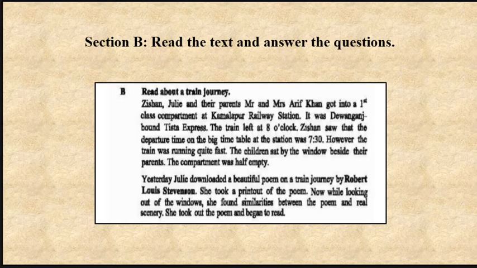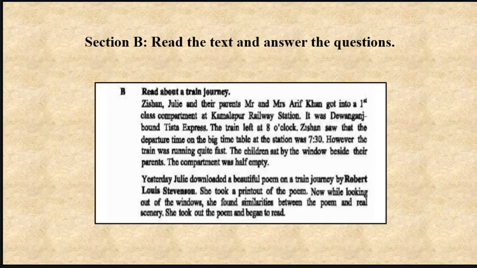That means in a train there are compartments, and they booked a first-class compartment. The train was going to Dewanganj, so you can say it was a Dewanganj-bound train. If you say Dewanganj-bound, that means the train was going to Dewanganj.